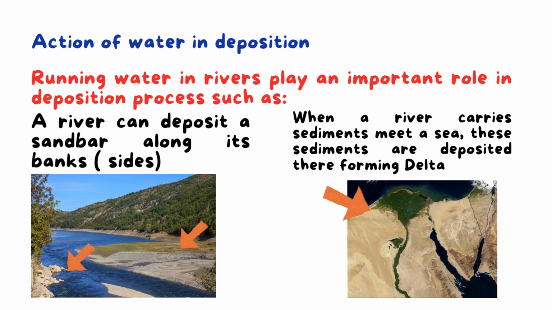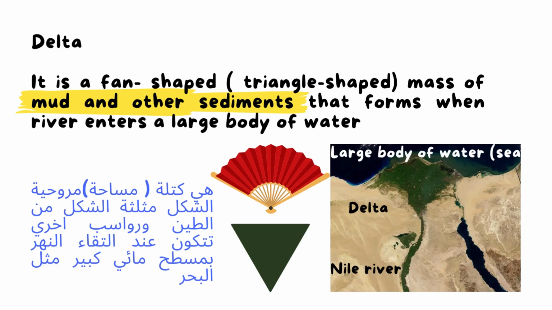Now we will talk in some detail about the delta, as it is fan shaped, as you see here, it looks like a fan, so it's fan shaped or triangle shaped because it looks like a triangle or a fan. It is composed of mud and other sediments that form when the river meets or enters a large water body such as a sea.